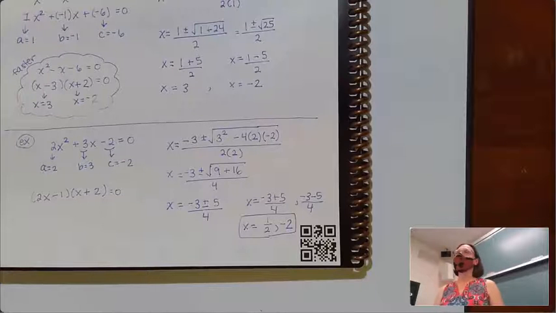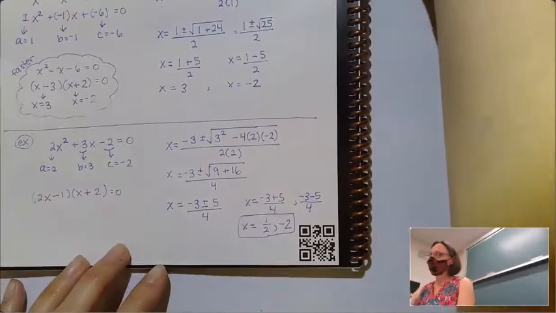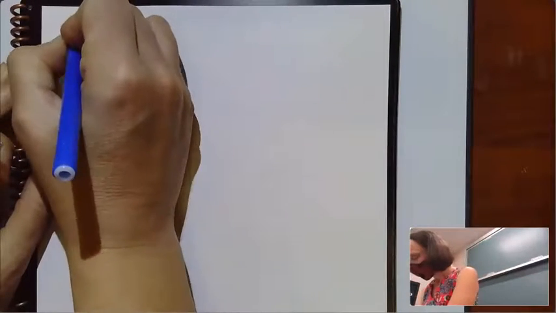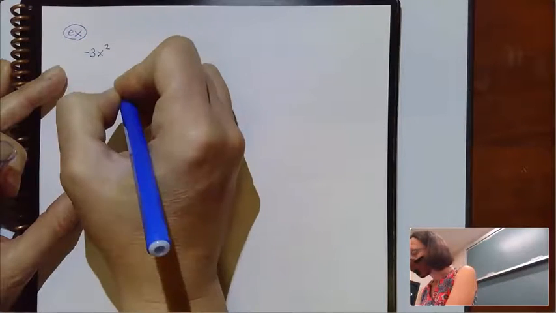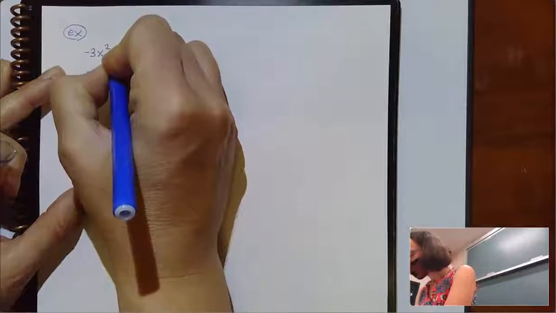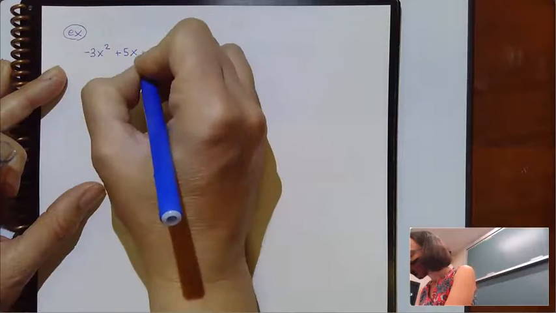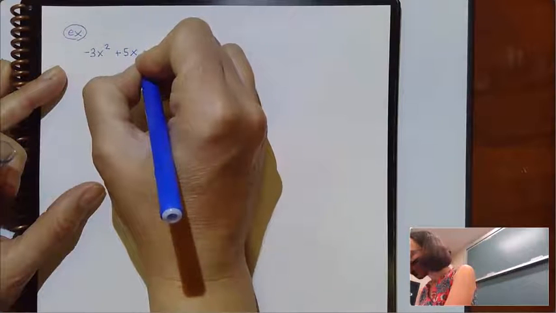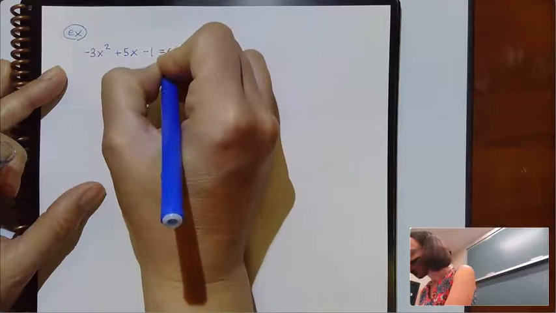Should we try another one? I promise I'll make one that doesn't factor. -3x squared plus 5x minus 1 equals 0.